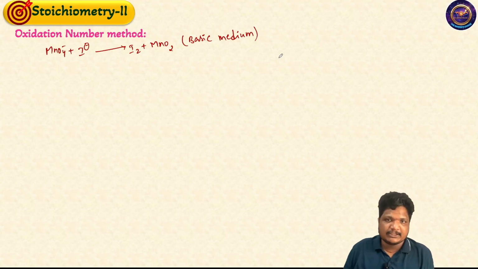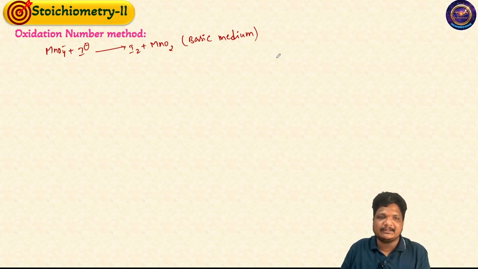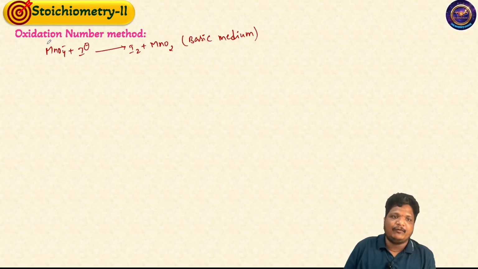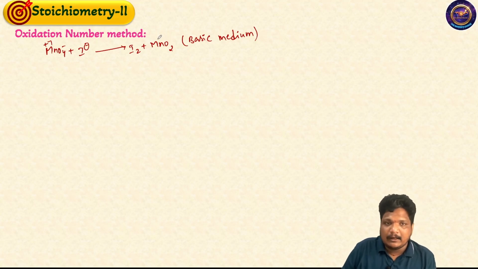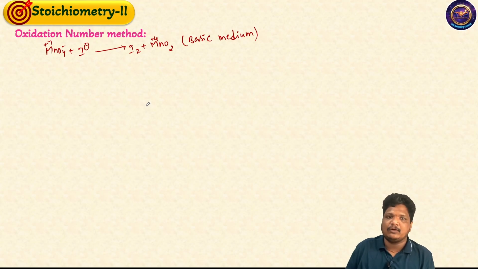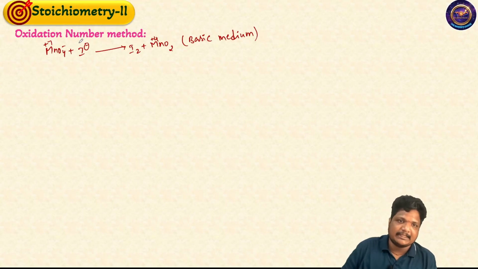So first of all you have to observe the reaction. In this reaction, in MnO4 minus, manganese has a plus 7 oxidation state. In this plus 7 state it reacts with I minus, which gives the product MnO2, having manganese in plus 4 oxidation state. The iodine, which has minus 1 oxidation state, is converted into 0.